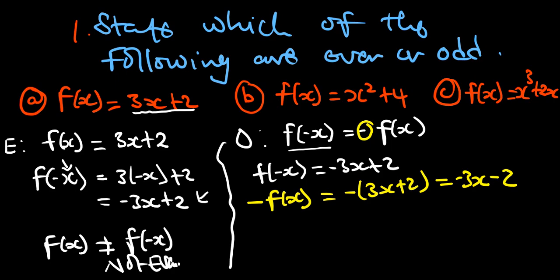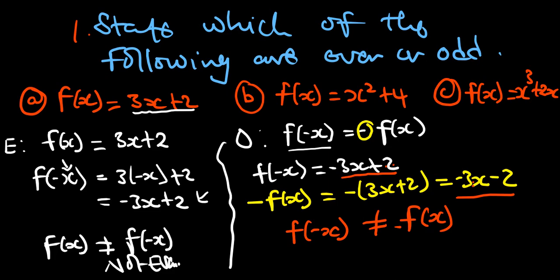So now you compare those two expressions that you have. This one here, you compare it to this one. So are these two expressions equal? We see that they are not equal. So we are going to say f of minus x is not equal to minus of f of x. Okay, so since this condition here is not satisfied, we are going to say the function is not odd.